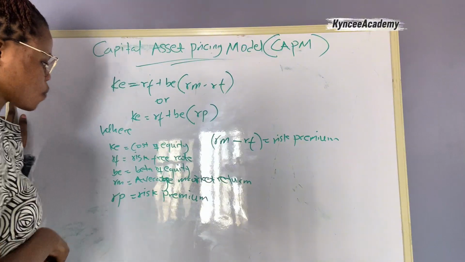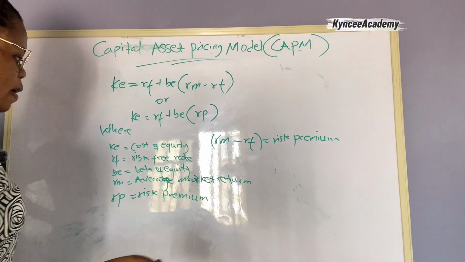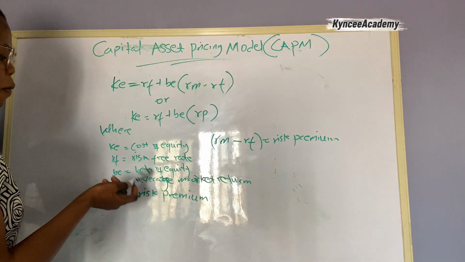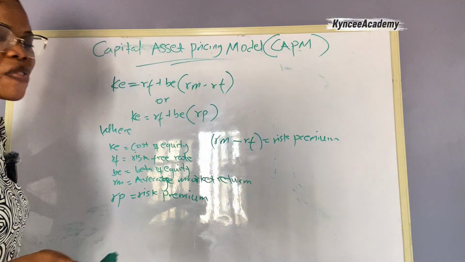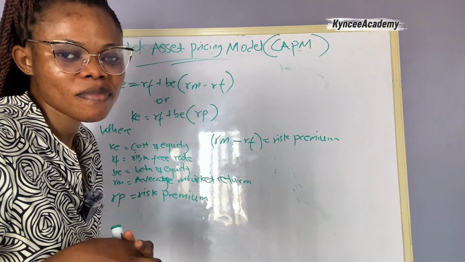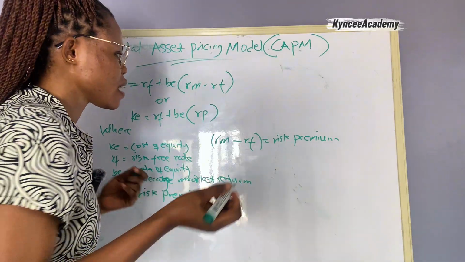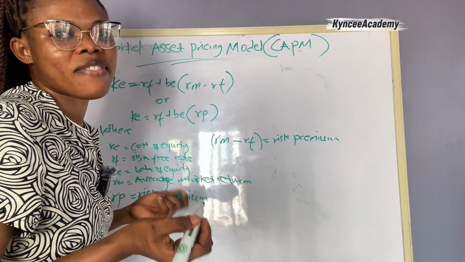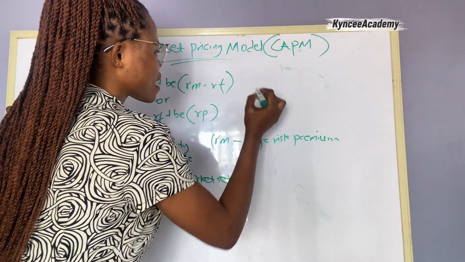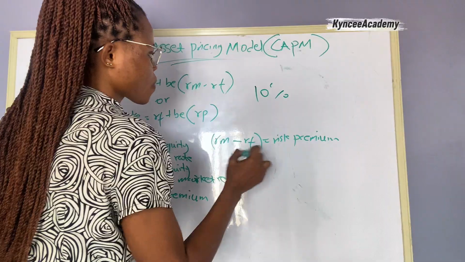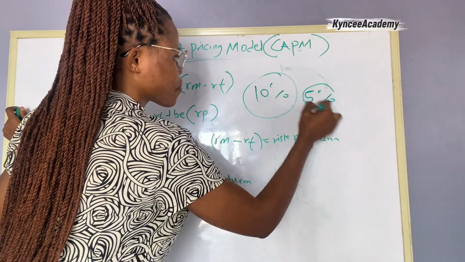So now, in our last class we explained what cost of equity means. Now we want to explain risk-free rate. Risk-free rate is a percentage of the return. We say cost of capital is the minimum return an investor expects from their investment. So if for instance an investor expects 10%, out of this 10%, 5% of it is risk free.